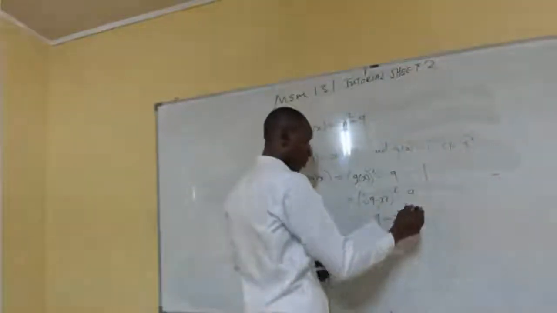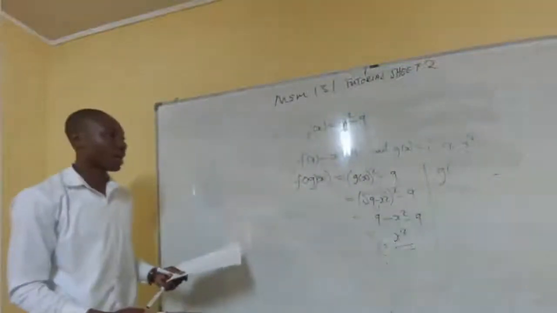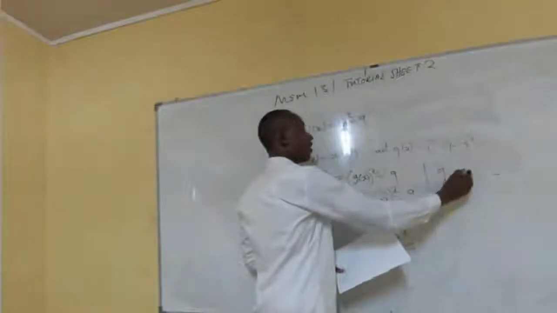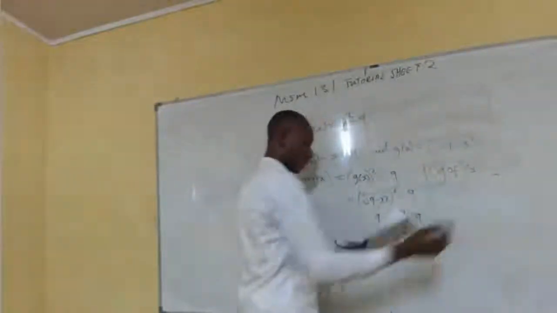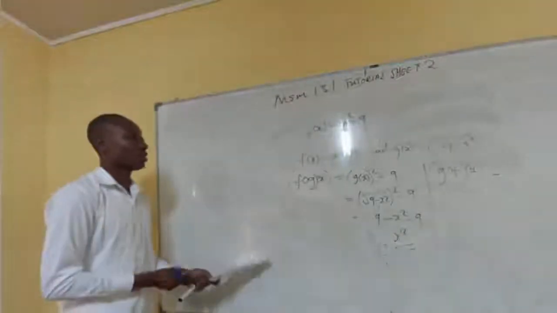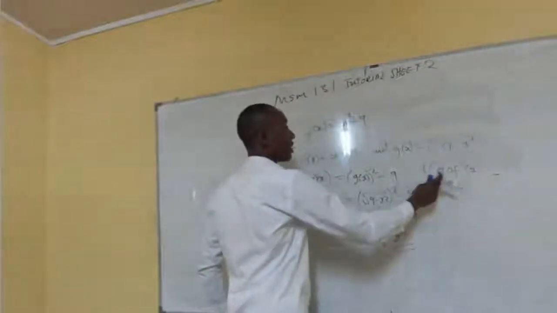So what if we were asked for g of f of x? To find this, we're going to replace f of x where there's x in g.